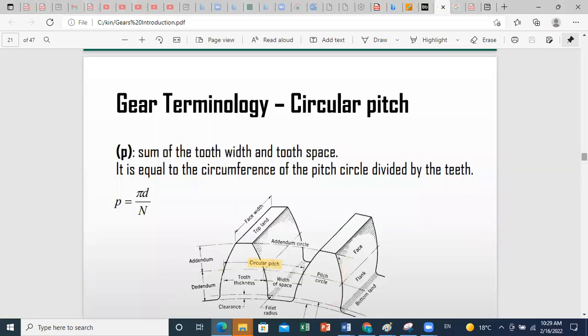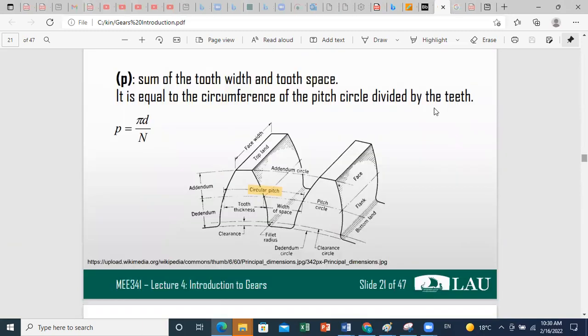Okay, look. First, D is the diameter of your pitch circle. Once you determine your pitch circle, we said you see the contact point between the involutes. When you have teeth contact, you determine the point of contact lying on the line of centers.